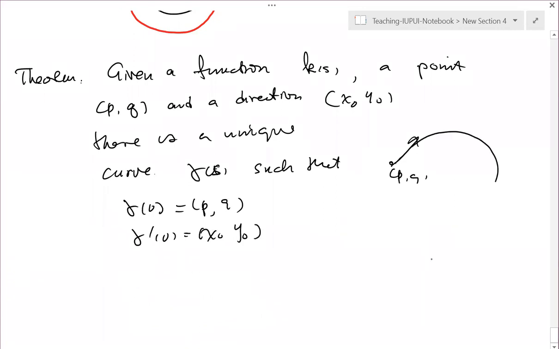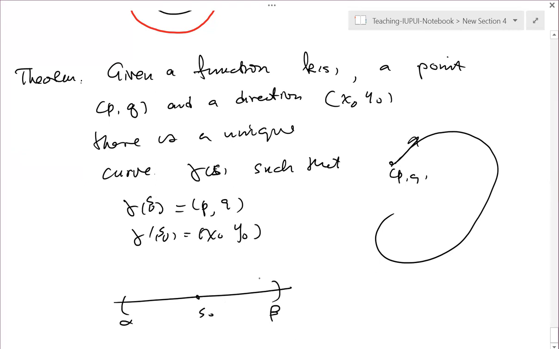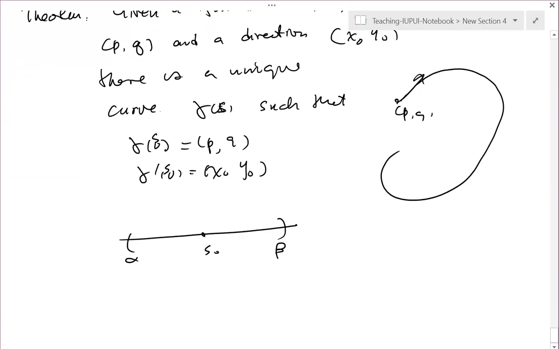So in that direction, there's a unique curve going out. It doesn't necessarily depend on where the function is defined. If the function is defined on the interval, so this is S naught. Okay. So here's the function. We assume the function is defined from alpha to beta.